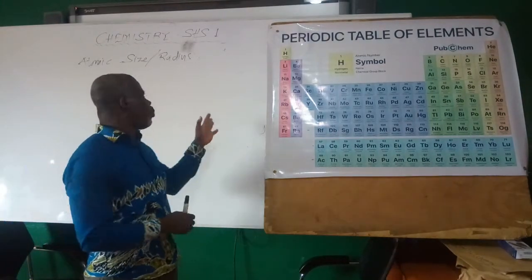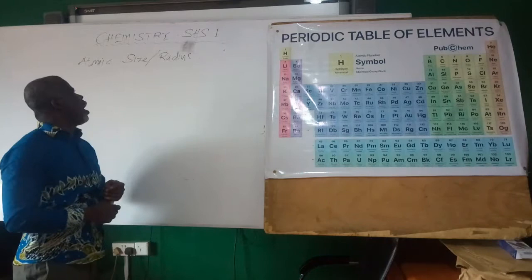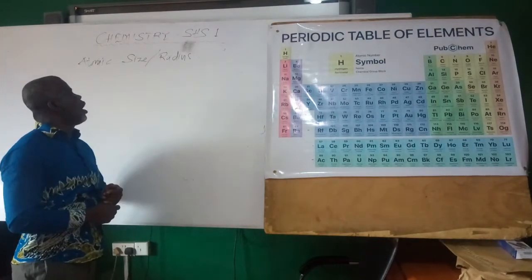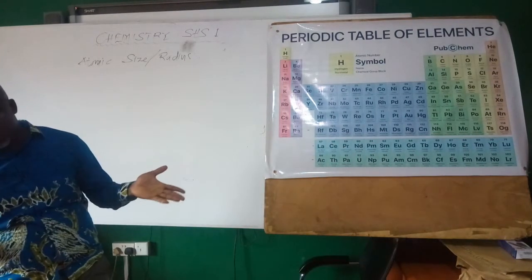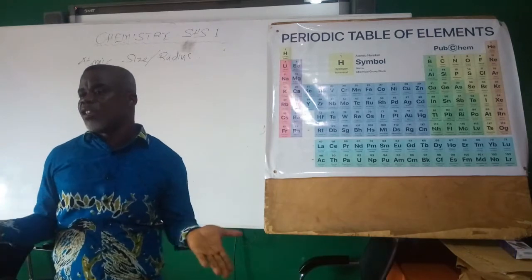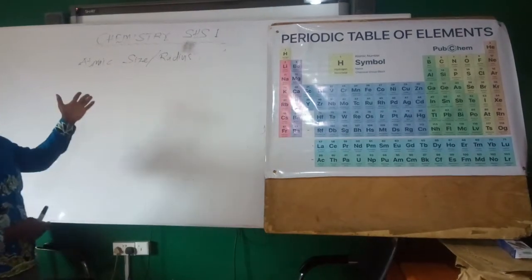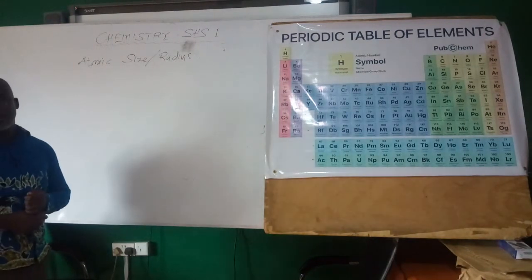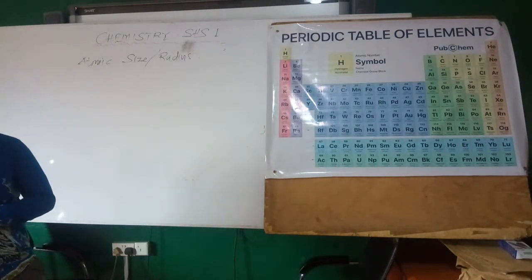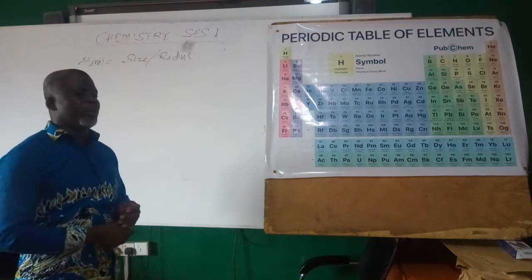Therefore, it's appropriate that we measure atomic radius instead of atomic size. However, the two terms are used interchangeably, but we look at atomic radius instead of the atomic size because of what I've given you. What is atomic radius?